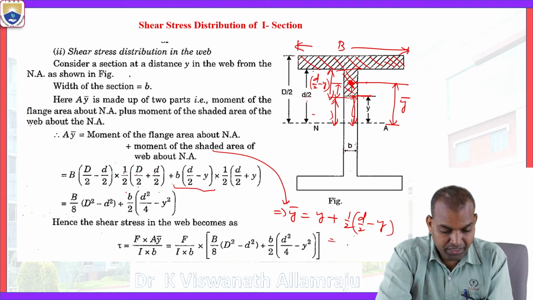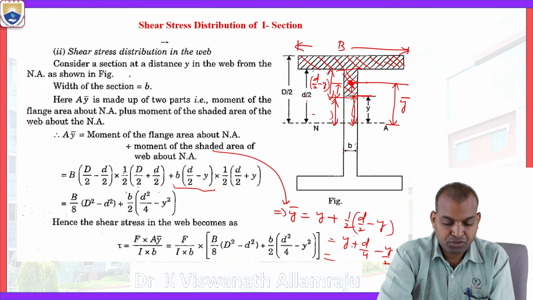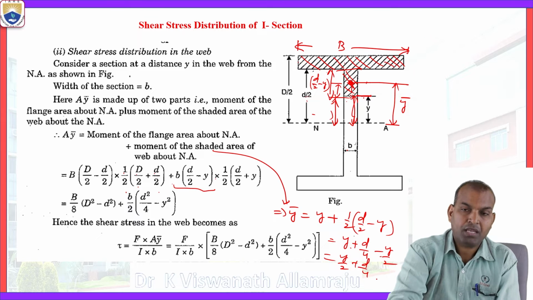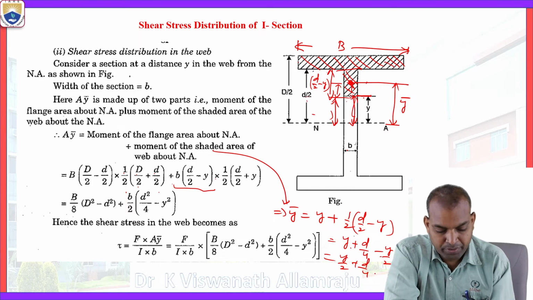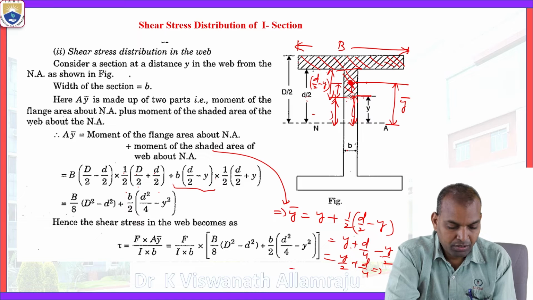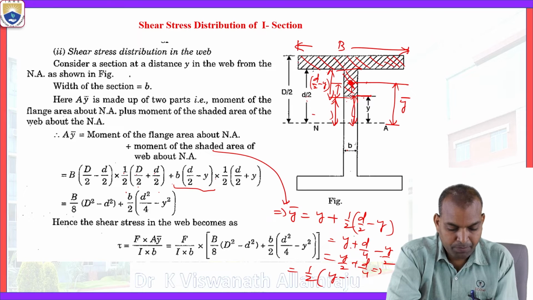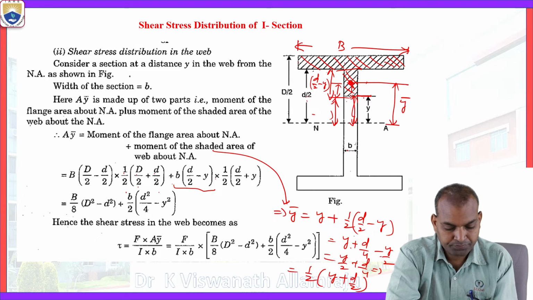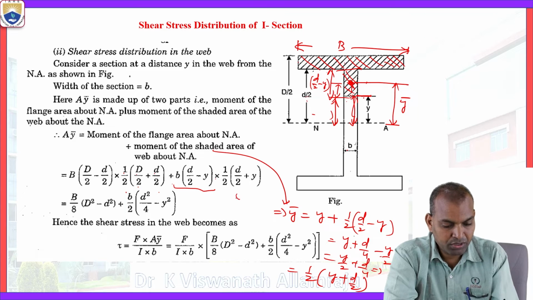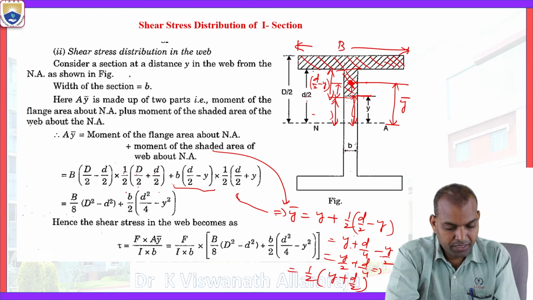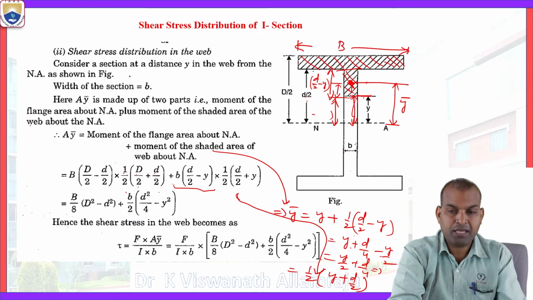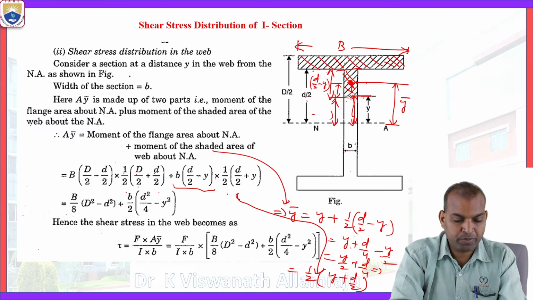If we simplify, y plus d by 4 minus y by 2, then it becomes y minus y by 2 plus d by 4. Making it common, 1 by 2 times (y plus d by 2), or d by 2 plus y.